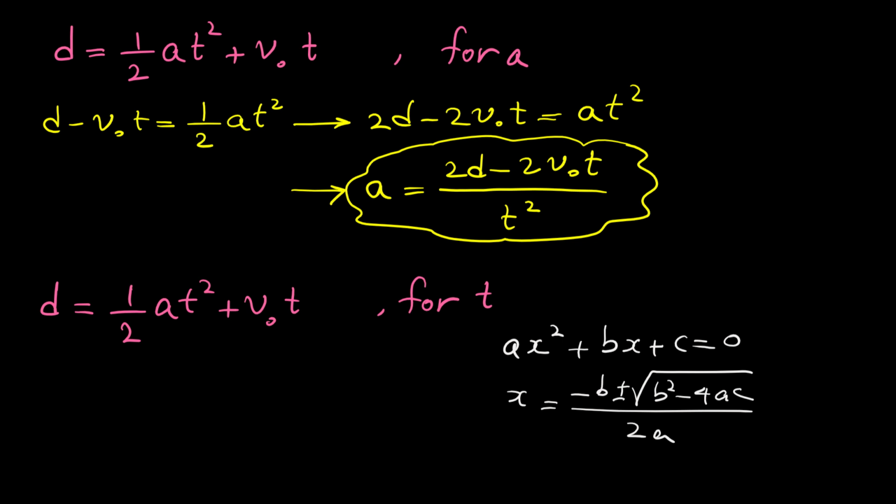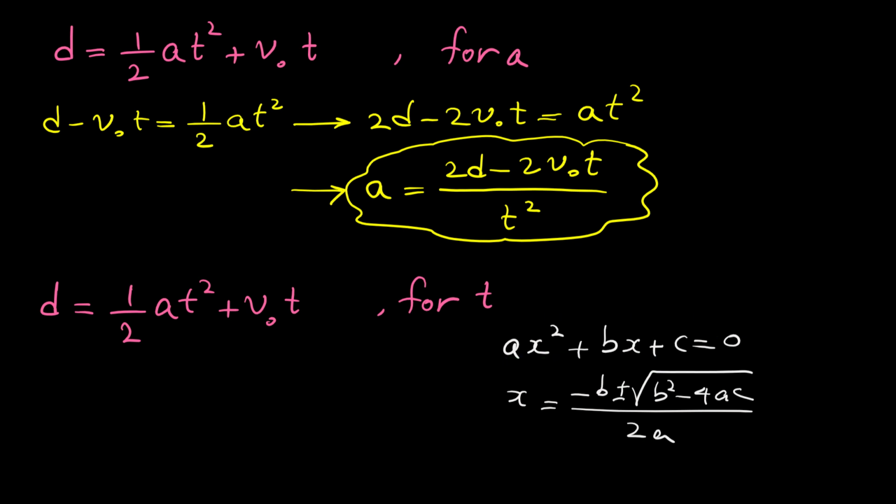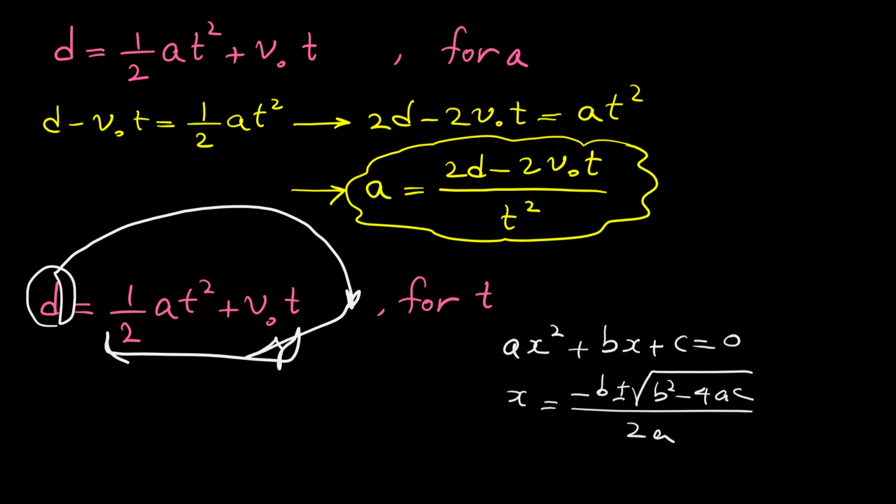Now, for finding t, first we have to rewrite it in this format. So we have to move everything to one side and the other side should be 0. Then we can use this formula. So to make the other side 0, simply move this d to the right. Then you have this expression minus d equals 0.